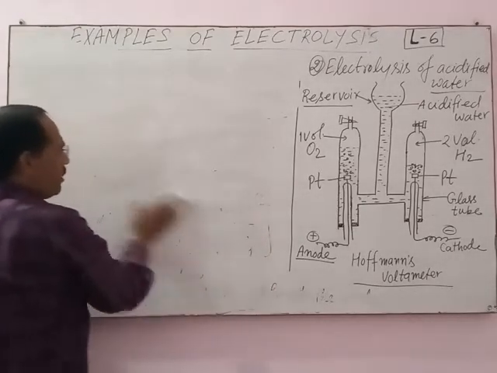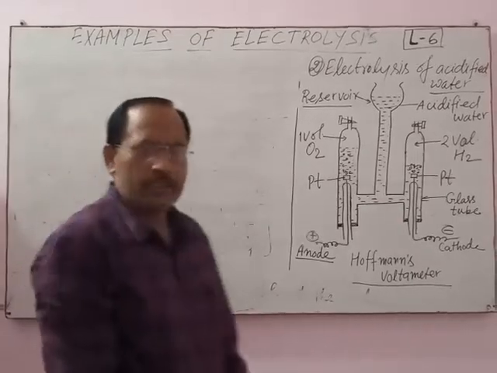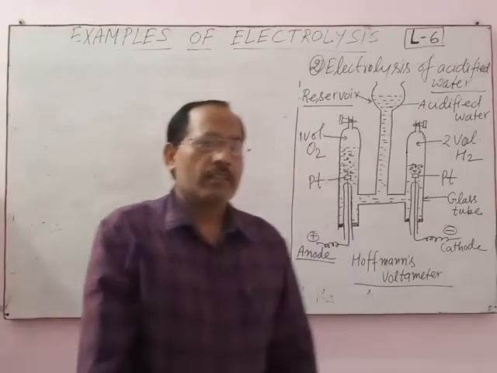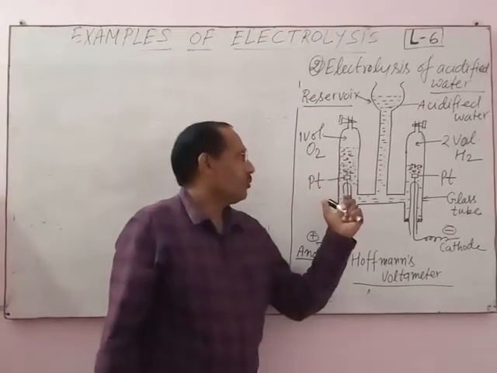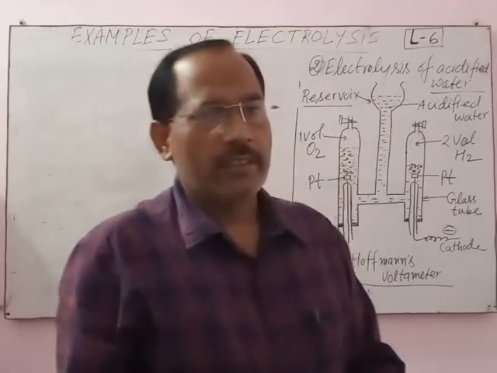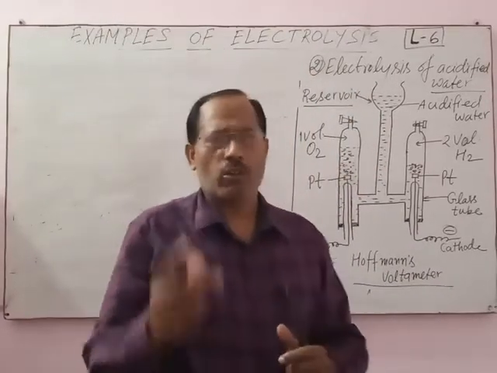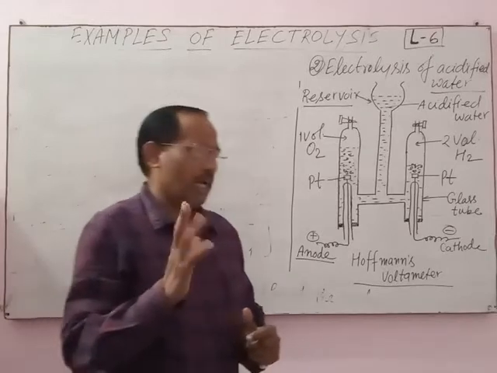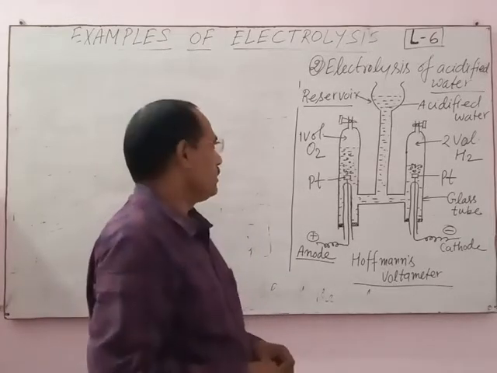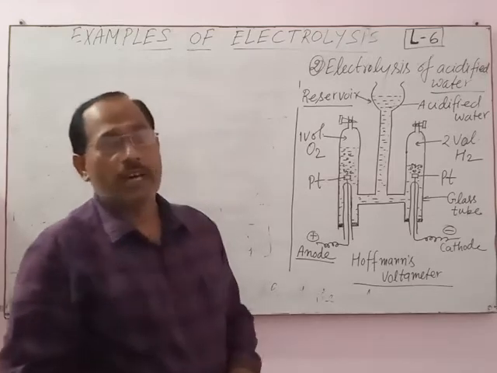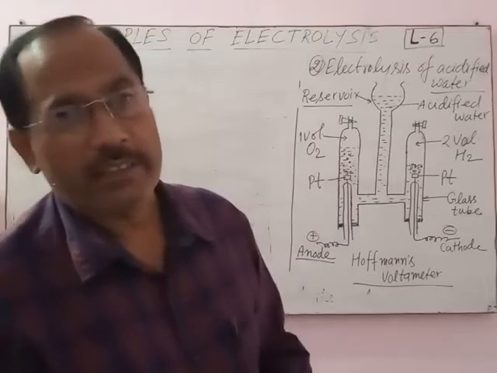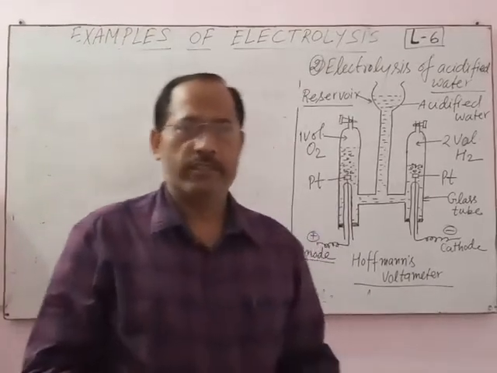Since pure water or distilled water is a non-electrolyte, to make it an electrolyte, one or two drops, or one to five drops, of sulfuric acid are added to it, which acts as a catalyst and increases the ionization of water.